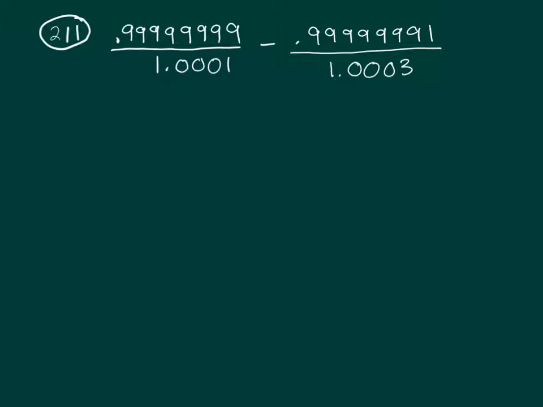Before I work this problem, I want to show you something. So how do you get 0.99? Okay, this is just kind of a side. Well, the way you get 0.99 is you say 1 minus 0.01.